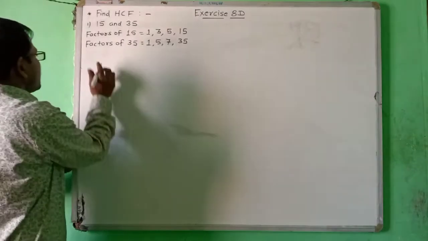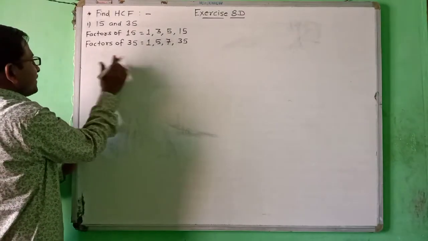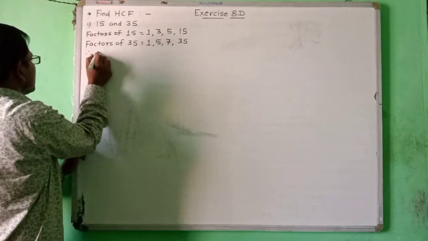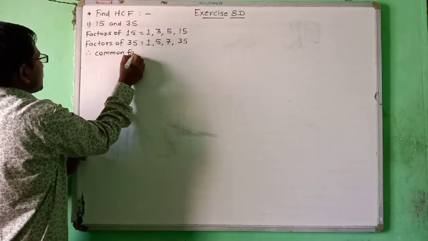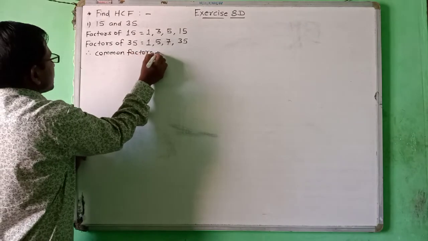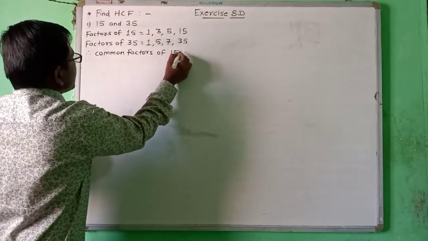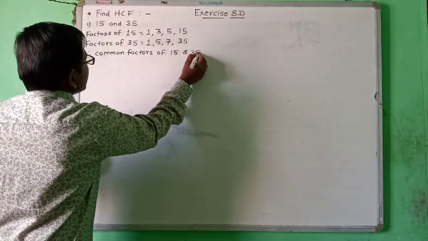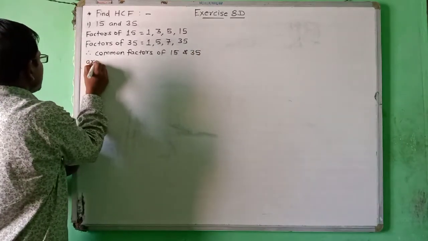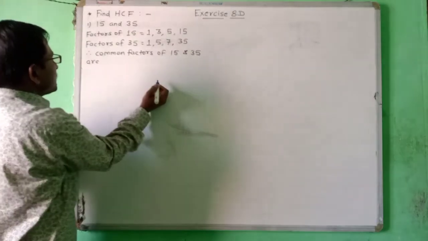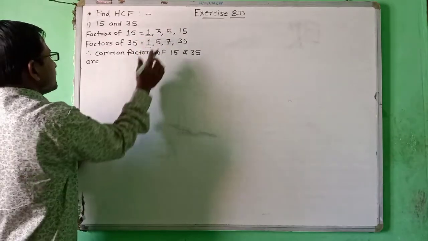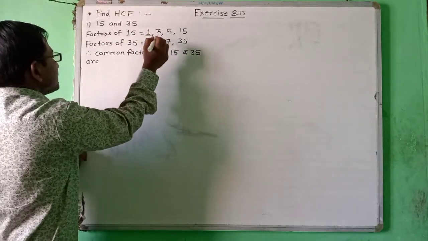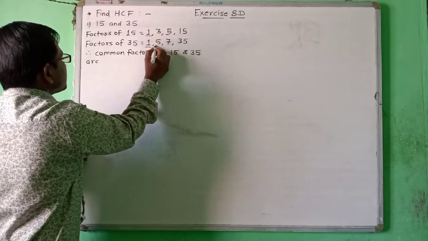Then first you write the common factors. Therefore the common factors of 15 and 35 are: 1 is present in both the numbers. Then 3 is not present here, but 5 is present in both the numbers.